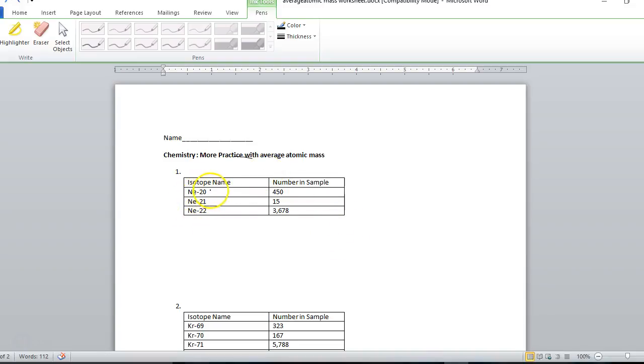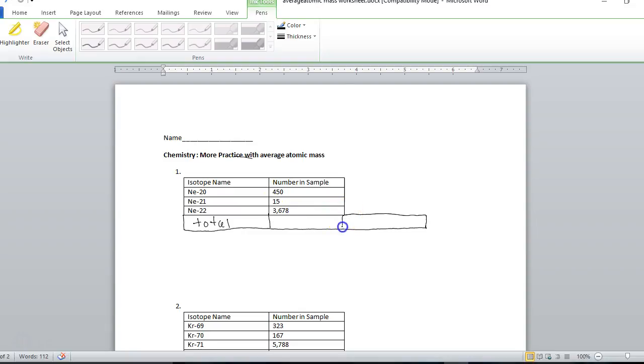We have neon 20, and in the sample we have 450 atoms of it. Neon 21, we have 15 atoms of it. Neon 22, we have 3,678. So we're going to make a total row here, and we're going to be extending this because there's another column we're going to add in a bit.